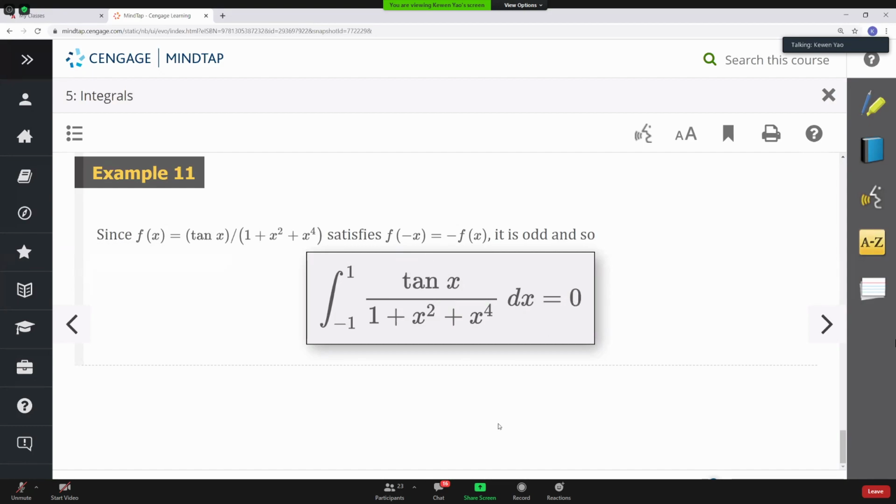You don't have to know how to find the antiderivative for this, because it's an odd function from negative a to a, and the answer will always be 0. Actually, the antiderivative for this function is very hard to find, but we don't have to find it.